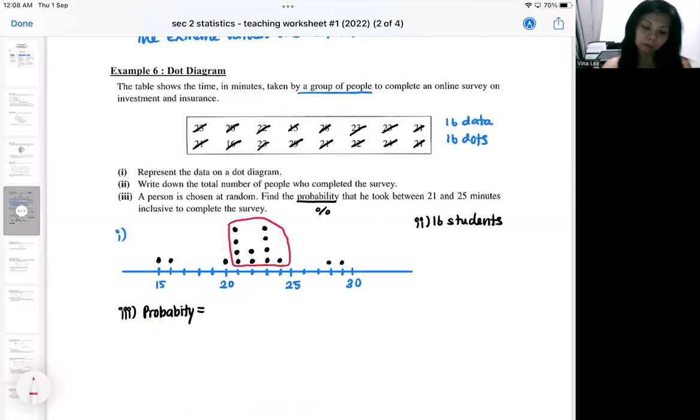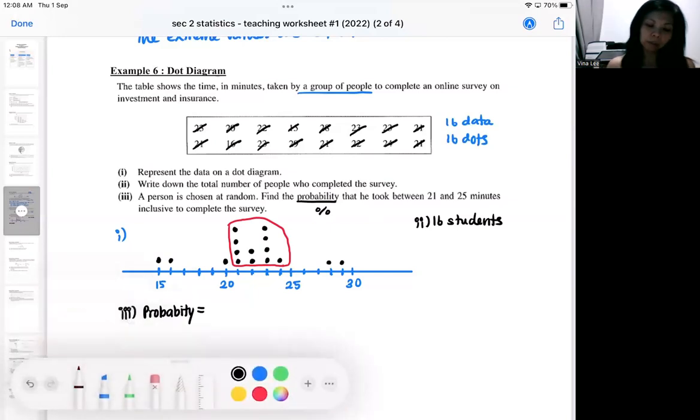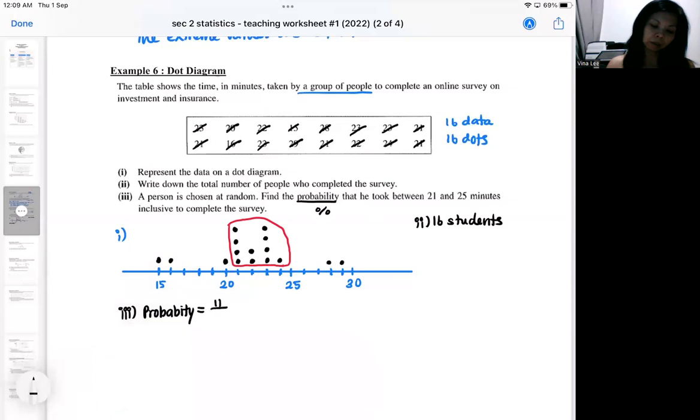So you count the number of dots. 11 dots. For those who already learned probability, it will be 11 over 16. That's a probability. For those who didn't learn probability, you can think of it like a percentage, or think of it like a fraction.